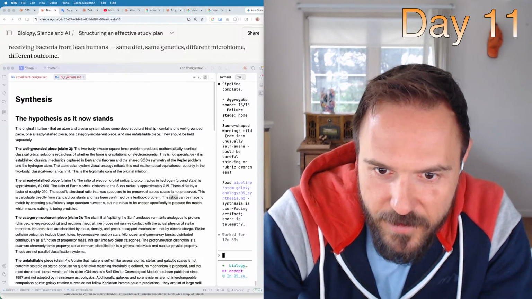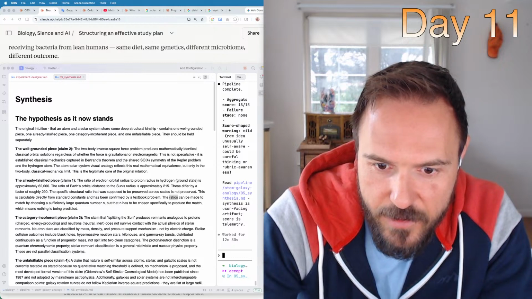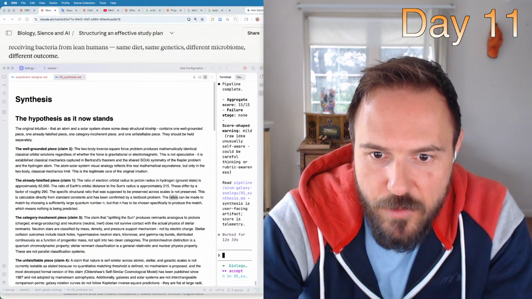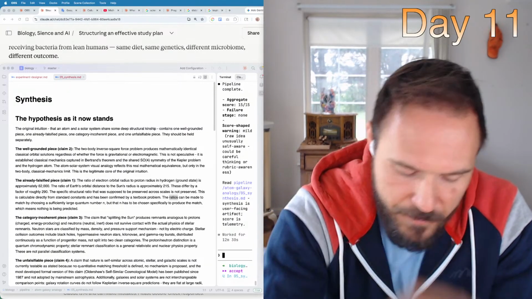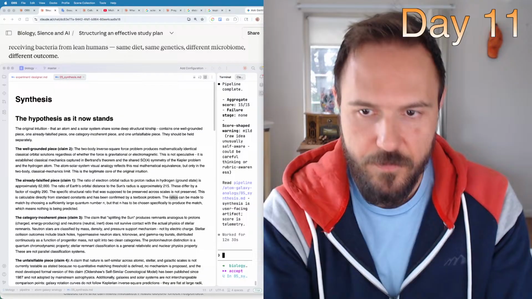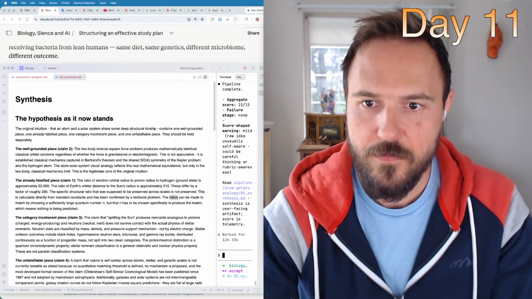So color, we're going to add, capture browser color. We want text for type, side quest.